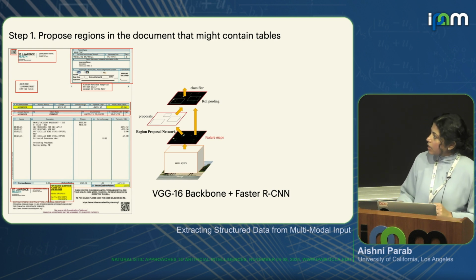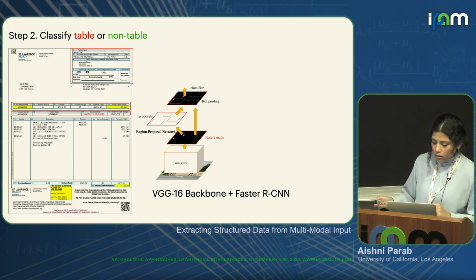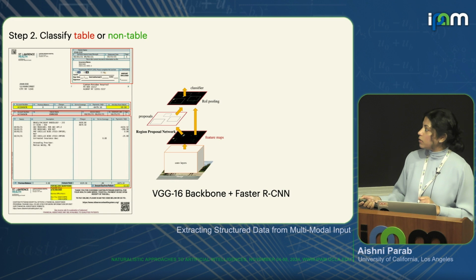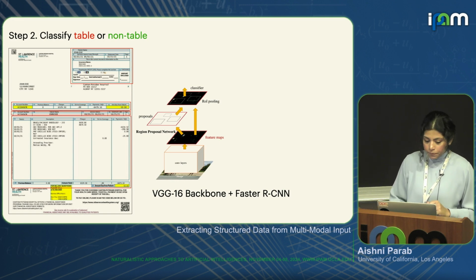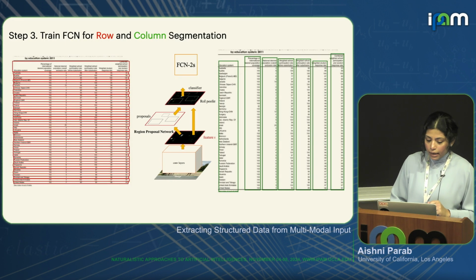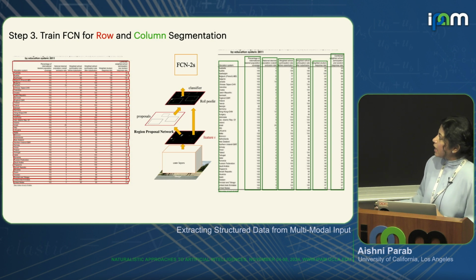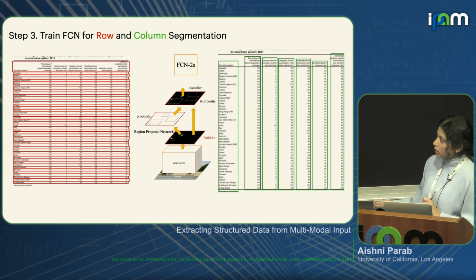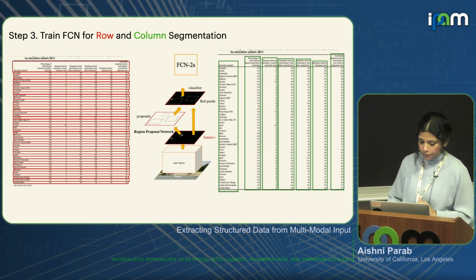Then the classification step tries to classify each bounding box as whether it belongs to a table region or not. Then we use an FCN model to train for row and column segmentation. What you get is a bunch of bounding boxes telling you what the rows are, and vertical bounding boxes telling you what the columns are.